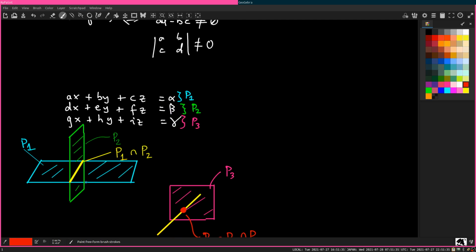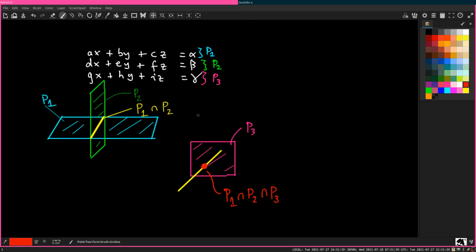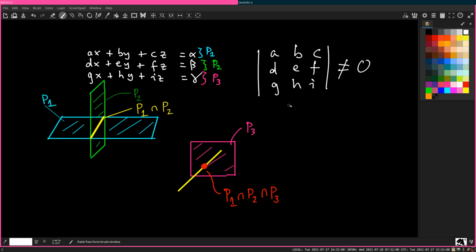In the 3x3 case, we have three planes meeting. Okay, and then the condition that there is a unique point at which all three planes meet happens to be the determinant of A, B, C, D, E, F, G, H, I. If this is not equal to 0, this is not equal to 0 precisely when the three planes meet in a single point.